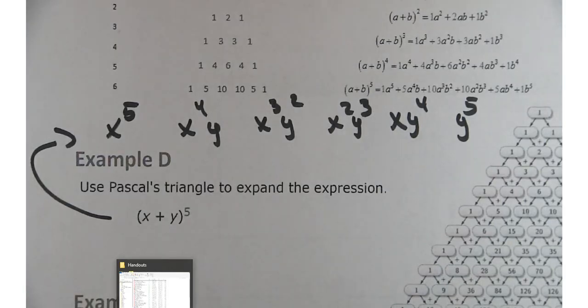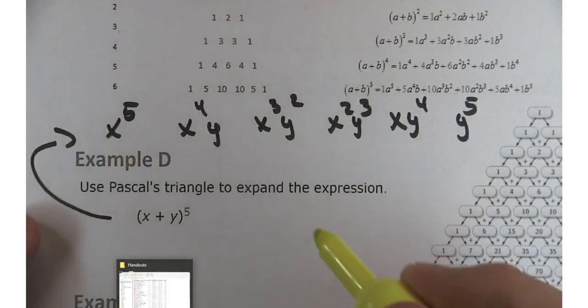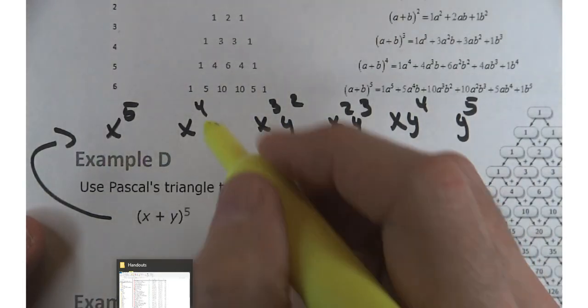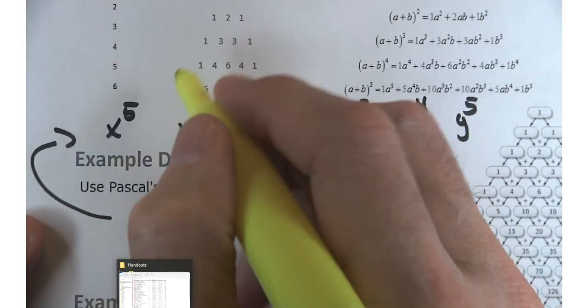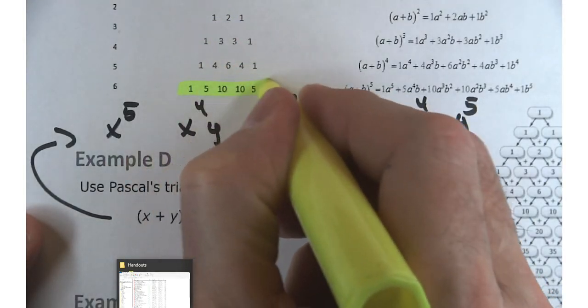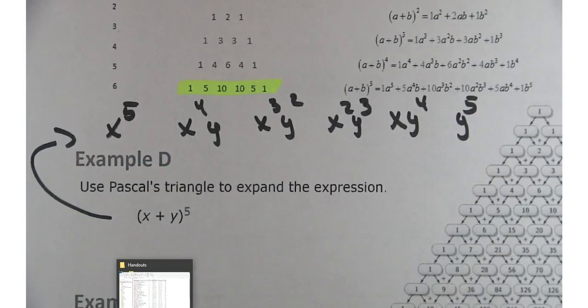And last but not least, I've got to pick up the numbers from the appropriate row of Pascal's triangle. And that's going to be this one right here. So I want to put those numbers in as coefficients. And let's see what that's going to look like. So let's see.